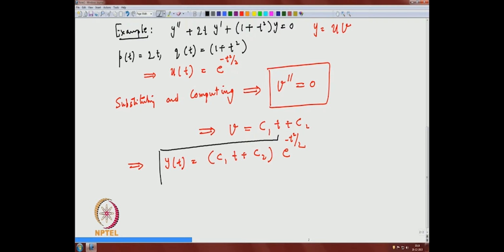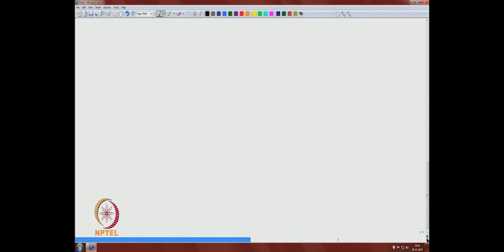So, you see, you have your solution nicely in this case. Many examples can be done that way. I will just show that example. Now, I will go to the next method. Method 2 is called the reduction of order. This method is quite good, but then you have to pay a price.